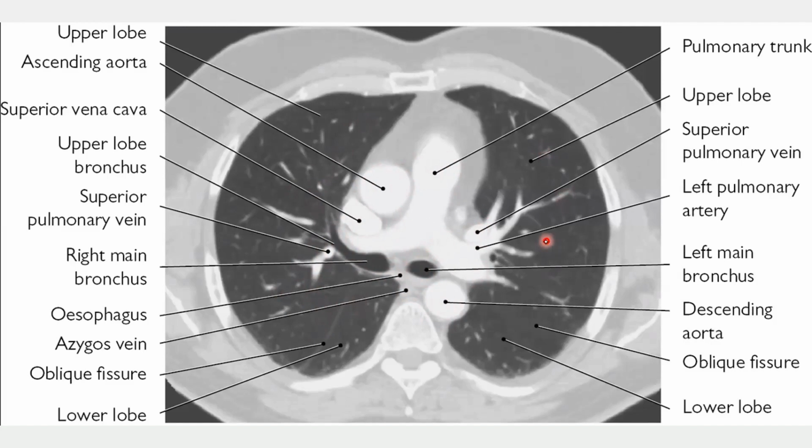And these are the lung fields. Okay, so this must be a level below the T4 level, right? Because you have the ascending and descending aorta both. So this is actually a cross section at the T6 level.